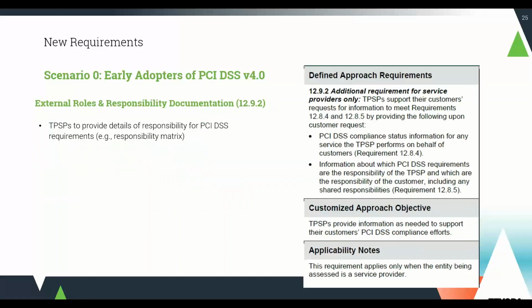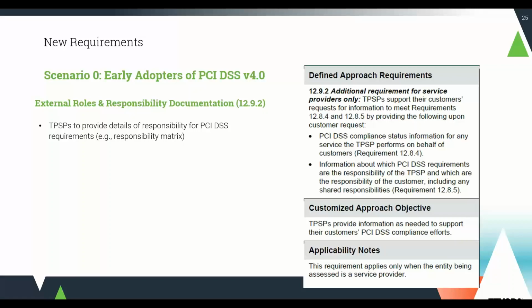Another requirement, specifically for service providers, looks like the PCI SSC was trying to resolve an issue with ambiguity between that demarcation of responsibilities between merchants and service providers. So now there's an explicit requirement for third-party service providers to provide detailed information about which requirements are going to be handled by the service provider and which are actually going to be the responsibility of the merchant.